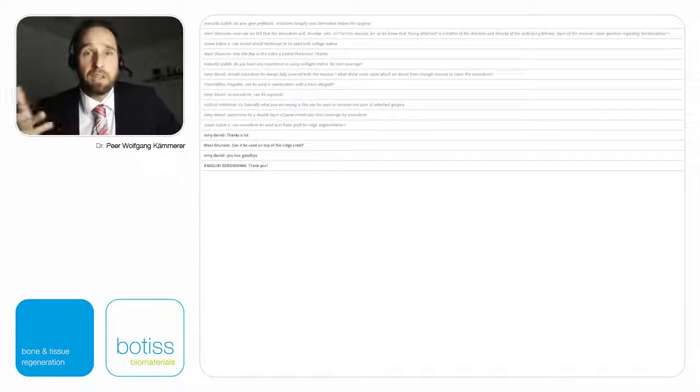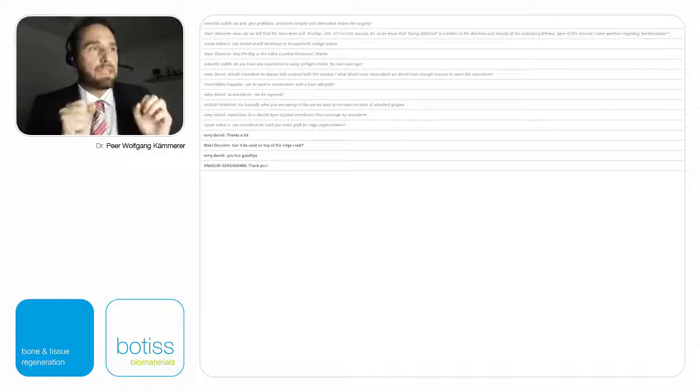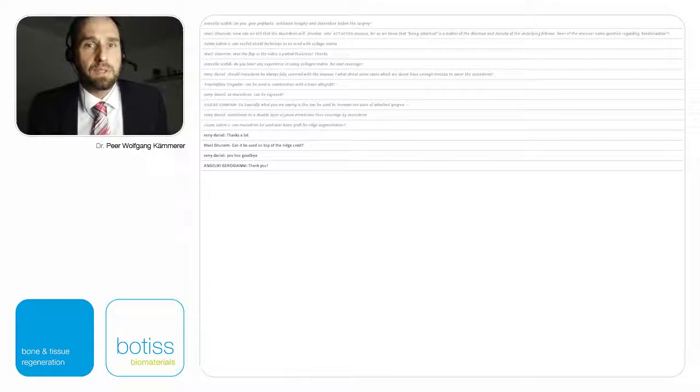And with this combination, I have quite good results. I did not do big augmentations with a membrane and then leaving the membrane exposed. I did not do it before, and honestly I don't think it works. If you have any results of this, please show me.